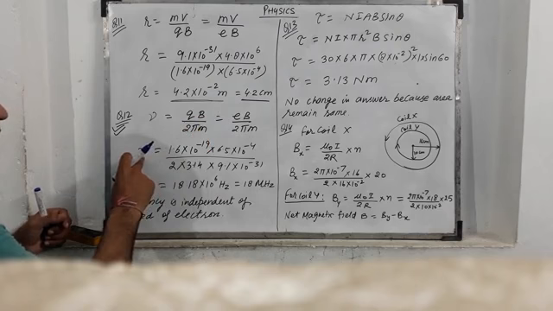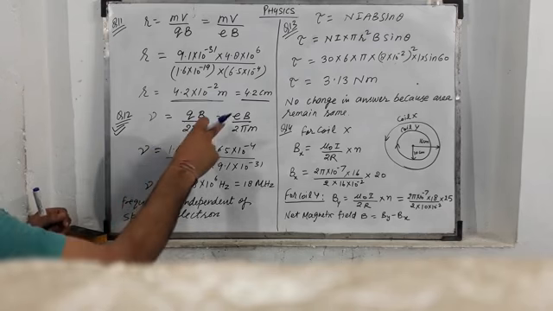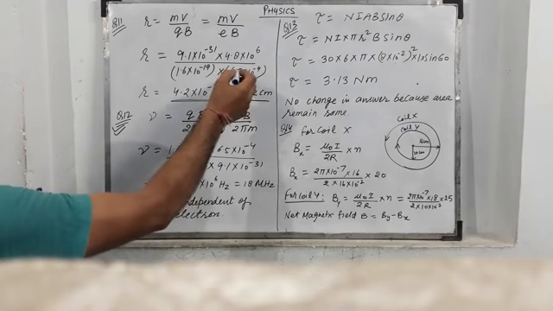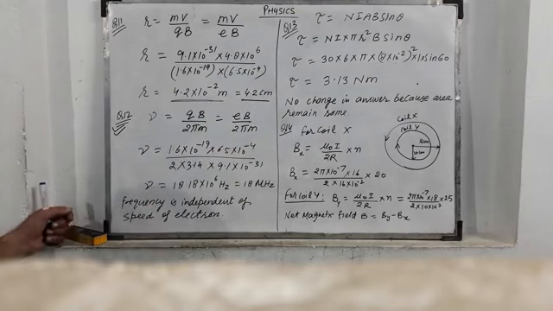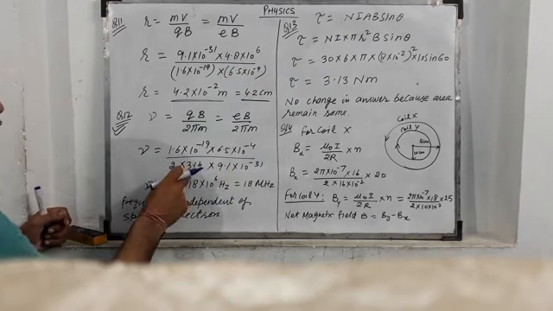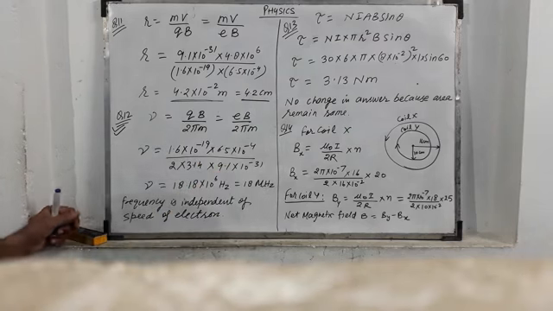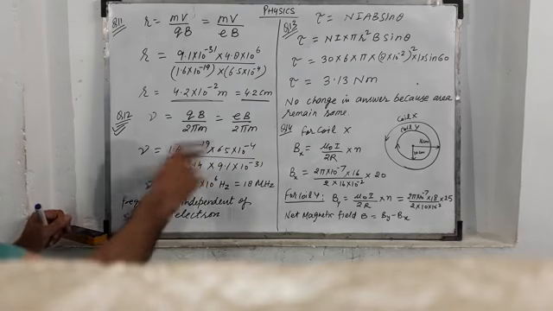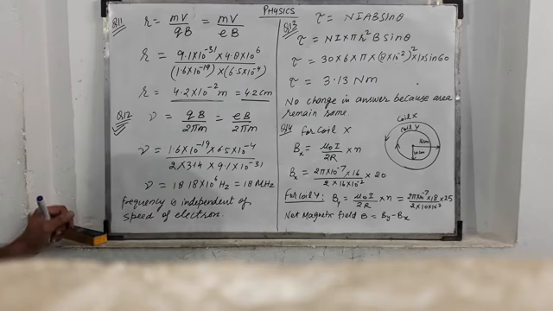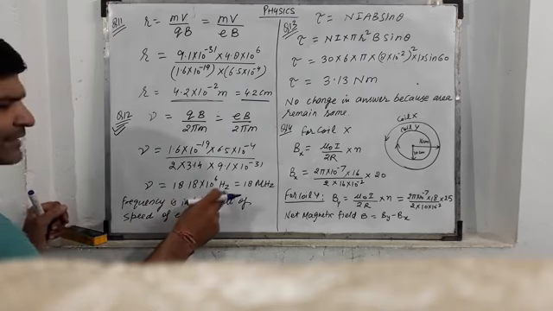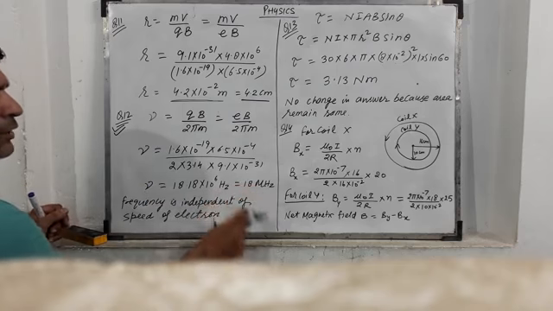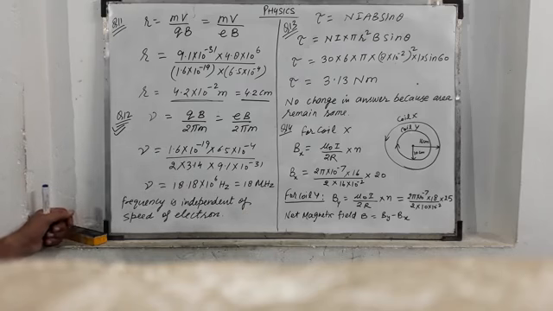So nu is equal to 1.6 times 10 to the power minus 19, magnetic field is 6.5 times 10 to the power minus 4, the value of pi 3.14, and the mass of electron is 9.1 times 10 to the power minus 31. By this we get the frequency 18.18 times 10 to the power 6 hertz, that is nearly equal to 18 megahertz. 10 to the power 6 means mega, so it is nearly equal to 18 megahertz.